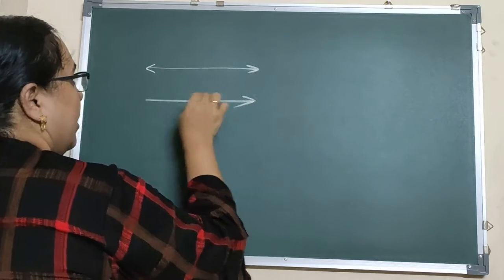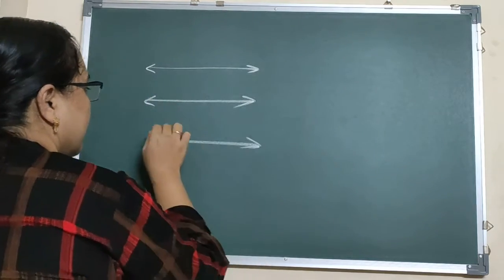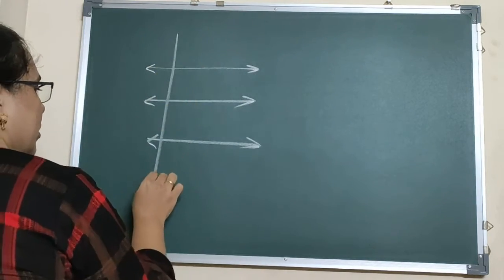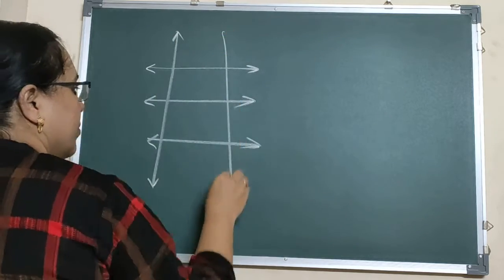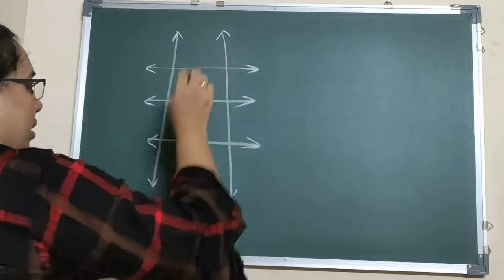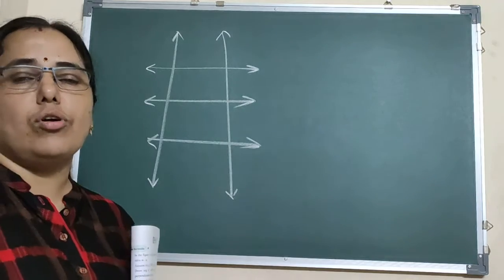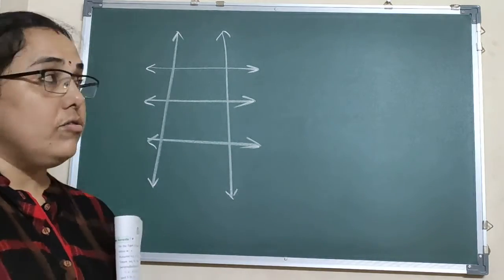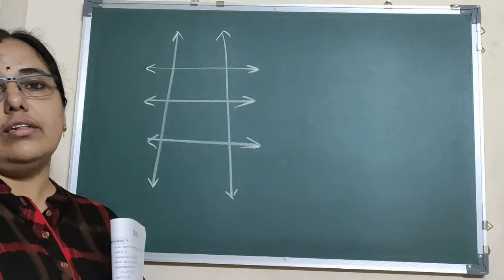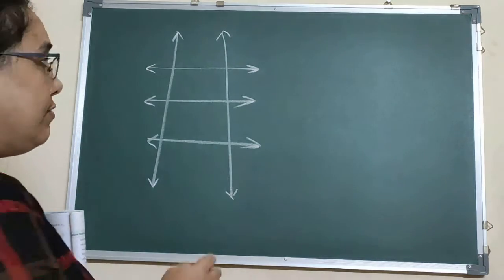These are three parallel lines, and these are the two intercepts drawn to these three parallel lines. So the intercept is intersecting the parallel lines at different points.